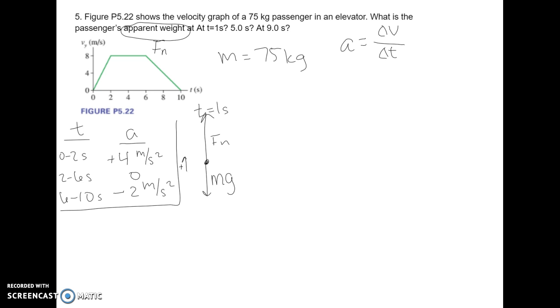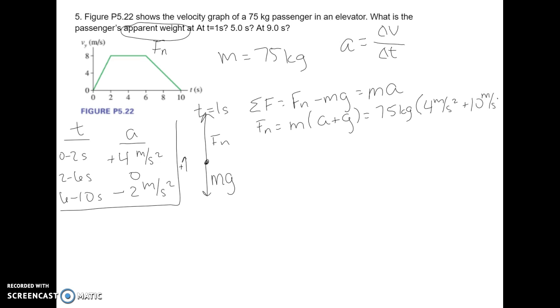So if we sum our forces in that direction, we have a positive normal force and a negative weight, and we know the sum of the forces is equal to mass times acceleration. So our normal force here is going to be equal to our mass times our acceleration plus the acceleration due to gravity. Our mass is 75 kilograms, and our acceleration is a positive 4 meters per second squared plus our 10 meters per second squared.